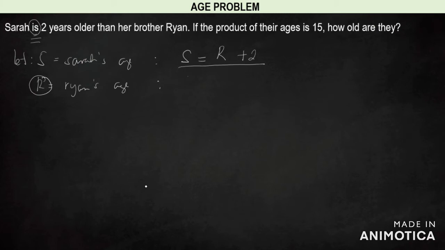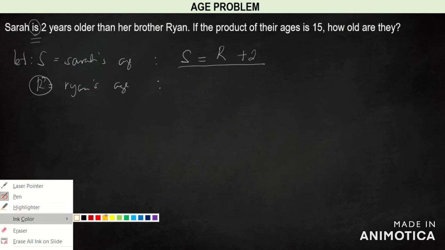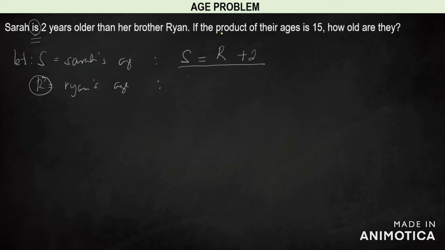Ayan. So, if the product of their ages, okay, in this statement here, product of their ages is 15. So, product of S and R, S times R is equal to 15. Okay.